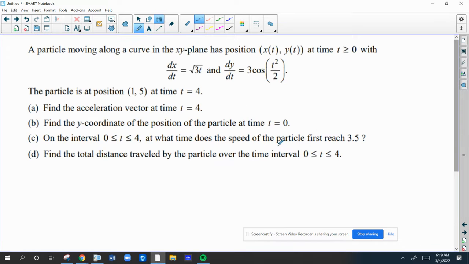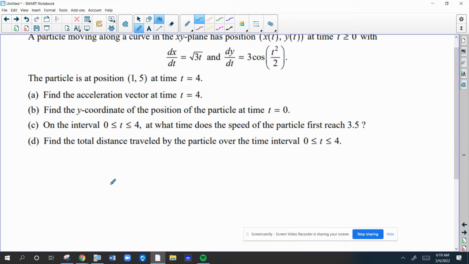Part C. On the interval from 0 to 4, what time does the speed of the particle first reach 3.5? So, speed. The speed of the particle is just the square root of the x velocity squared plus the y velocity squared.